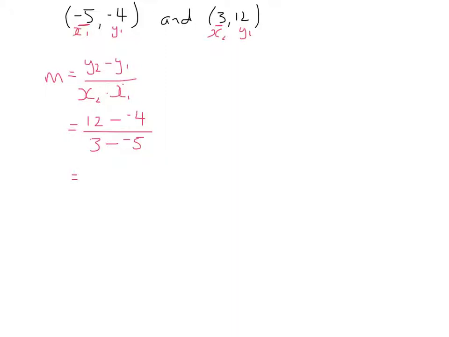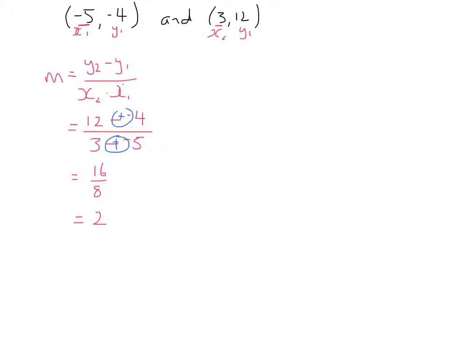So 12, that take away in the negative, that there becomes a plus, and the same happens on the bottom, take away negative becomes a plus. So 12 plus 4 is 16 over 3 plus 5 is 8, which will equal 2. So we now know that the gradient is equal to 2.